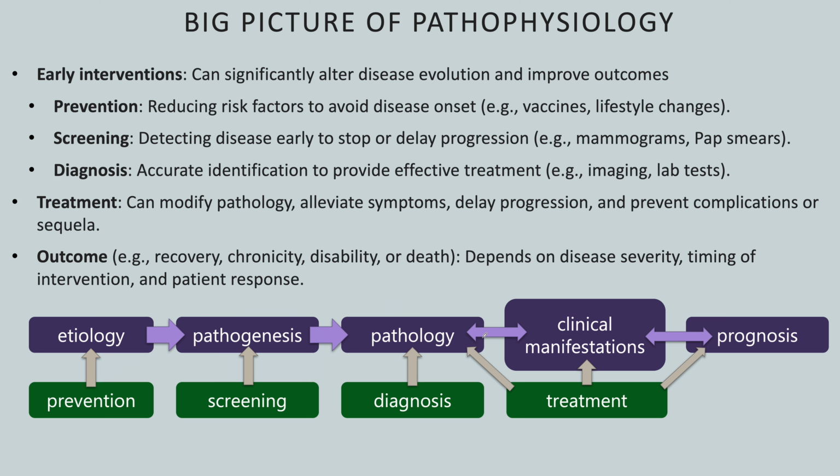We are going to understand why these signs and symptoms appear, and also the prognosis. What is likely to happen to patients if we treat them or we don't treat them, and if they comply or not comply with treatment. So prevention, as I said before, is important to avoid etiologic or risk factors. Screening patients allows us to identify diseases before they manifest.